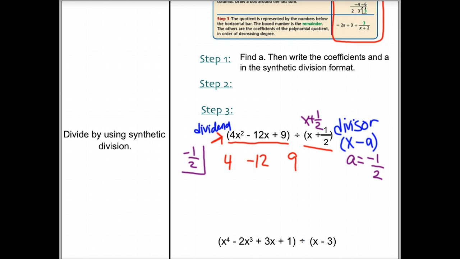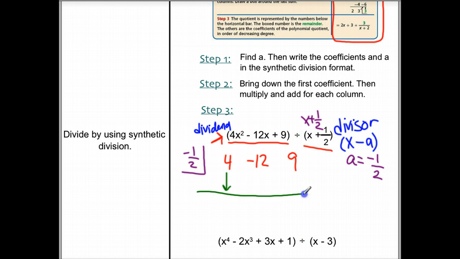Let's look at step 2. Bring down the first coefficient, then multiply and add for each column. So let's walk through this together. It said to bring the first coefficient down, which is 4. So that's what I'm going to do. Now we have 4.